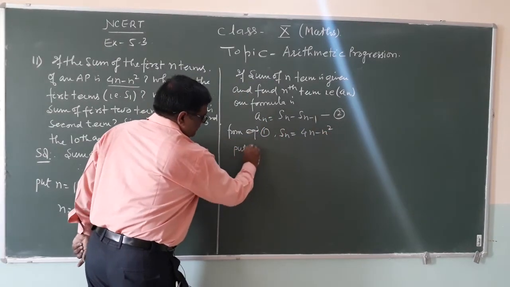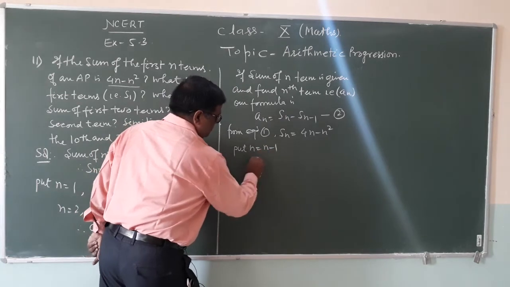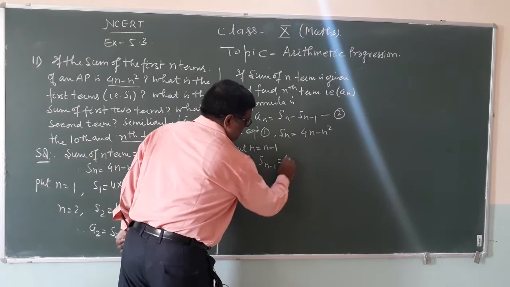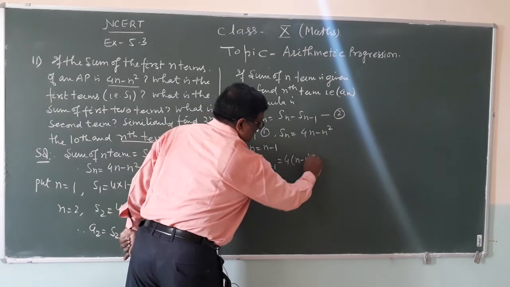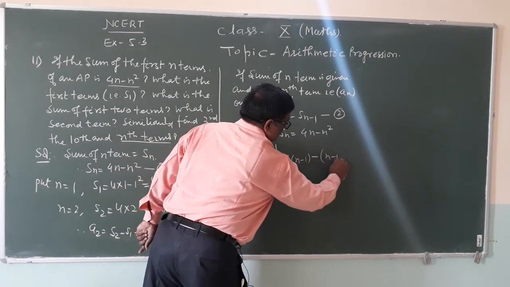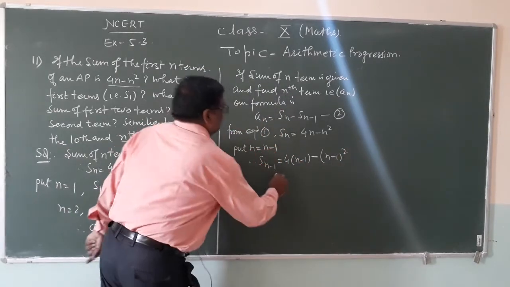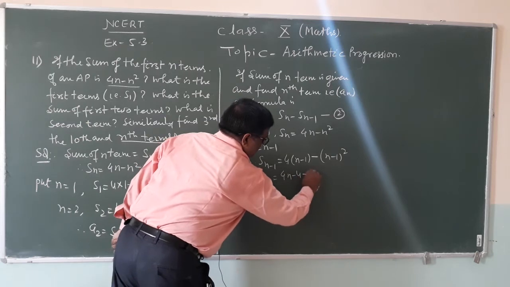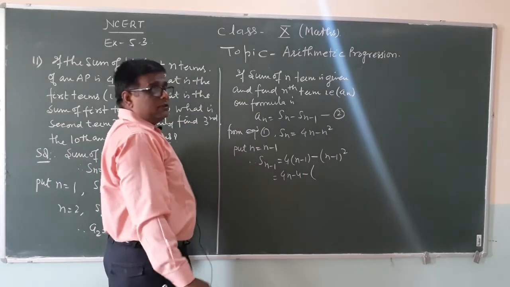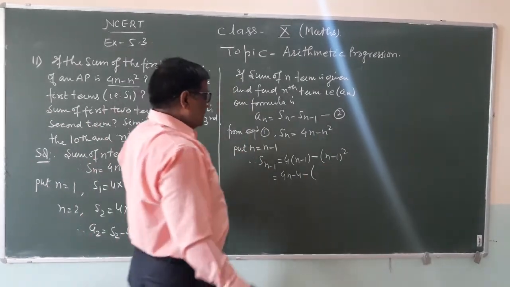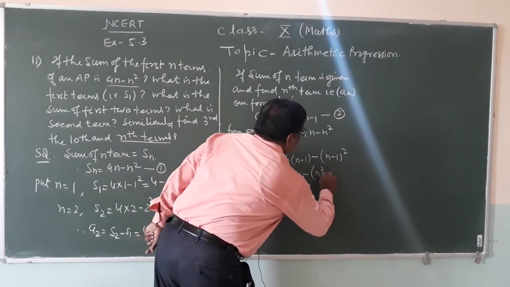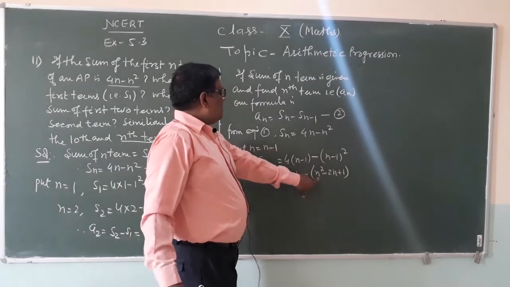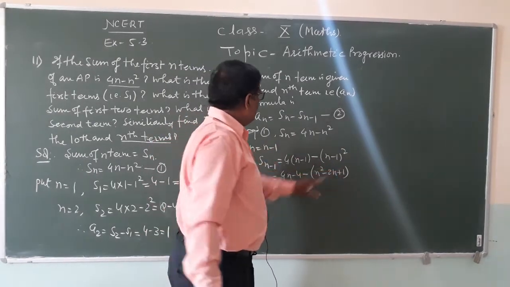Therefore, S(n minus 1) is equal to 4 into (n minus 1) minus (n minus 1) whole square. Multiply 4 with both terms, 4n minus 4, and use the formula (a minus b) whole square is a square minus 2ab plus b square, so n square minus 2n plus 1.